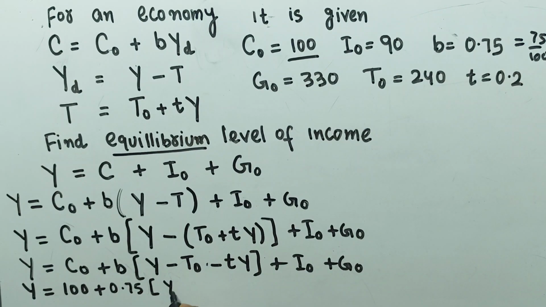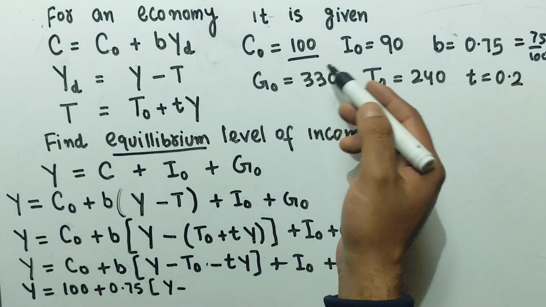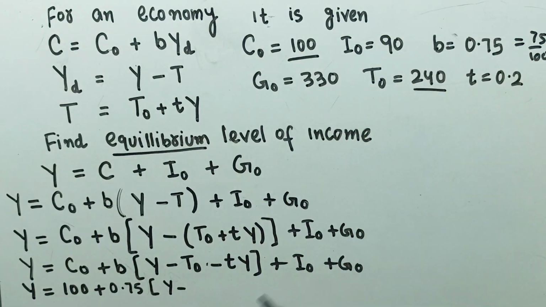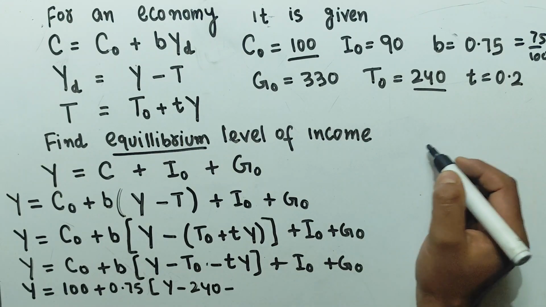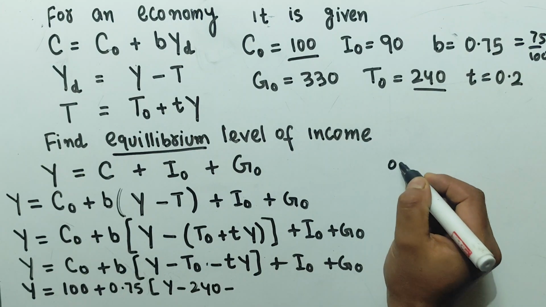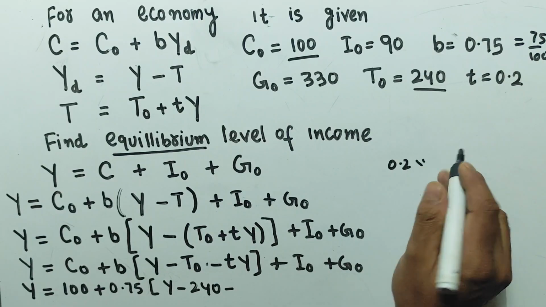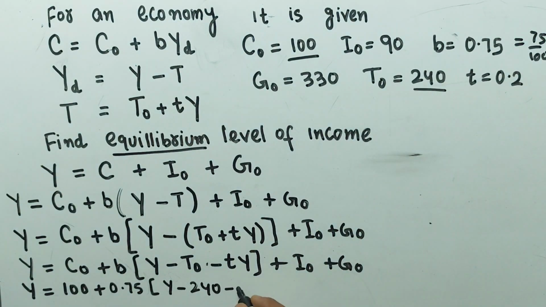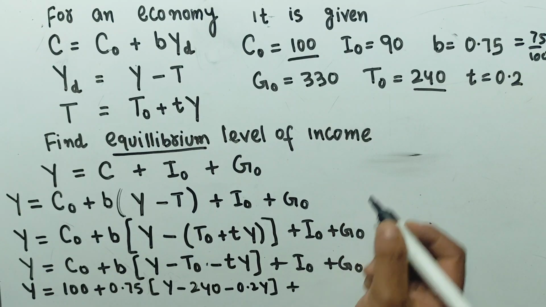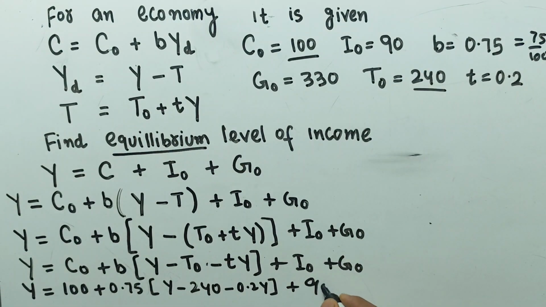Then we have y minus 240 minus small t times y. So t is 0.2, so let's write it here, 0.2y, plus investment is 90 and government expenditure is 330.